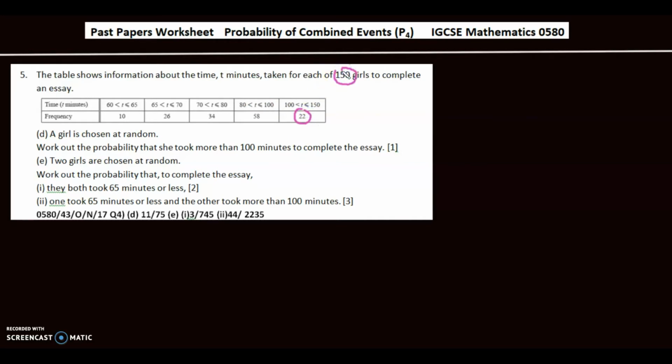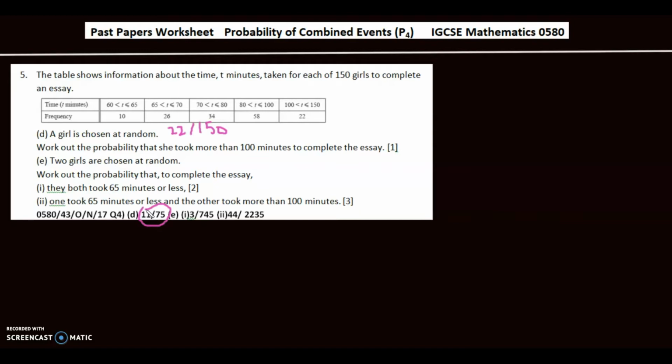So the answer will be 22 upon 150. When we simplify 22 upon 150, you will get 11 over 75, which is the answer for part D.